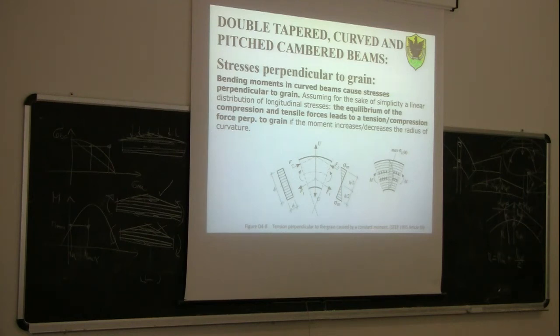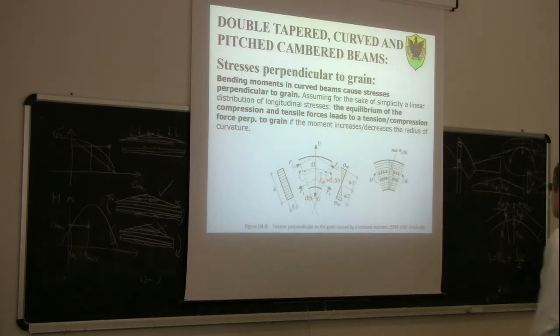So suppose that this piece of beam is very small, so we have a very small angle, d theta. The radius of the axis of the curved beam would be RIN, the inner radius, plus 0.5 times h, where h is the depth of the section.